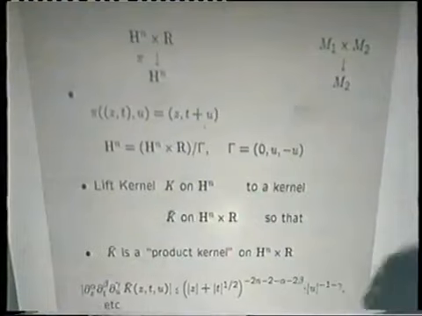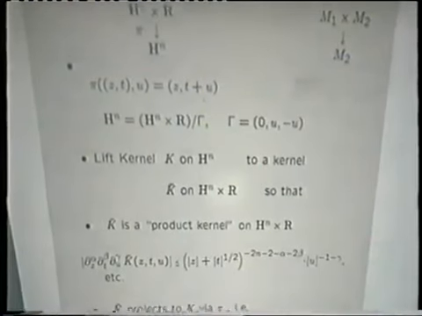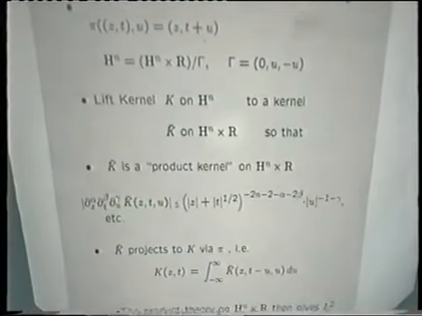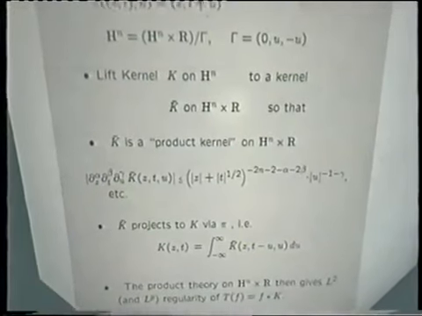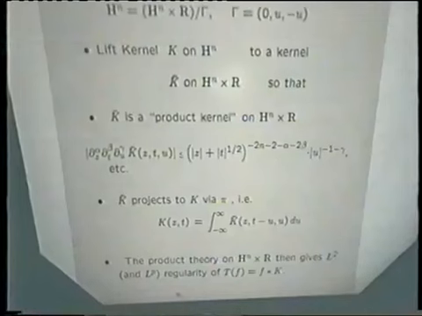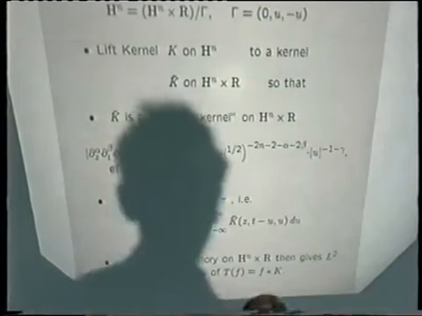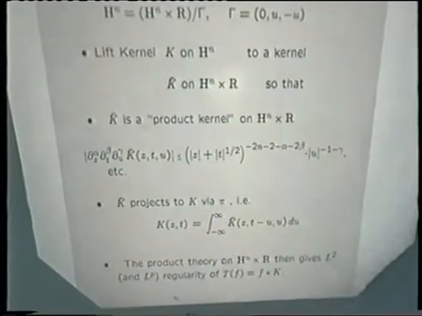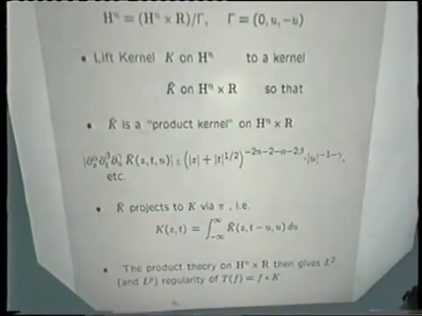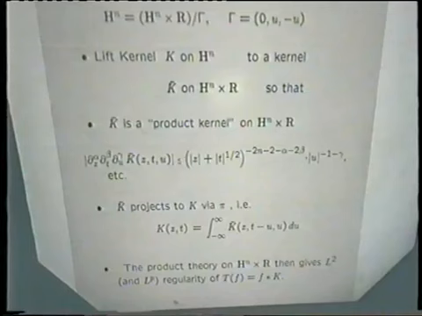And what we do is we start with our kernel K, which is the one up here, not necessarily that one, but the one up here, and we lift it in a certain way to a kernel on the product group. That's the first step, in such a way that this new kernel is a product kernel.